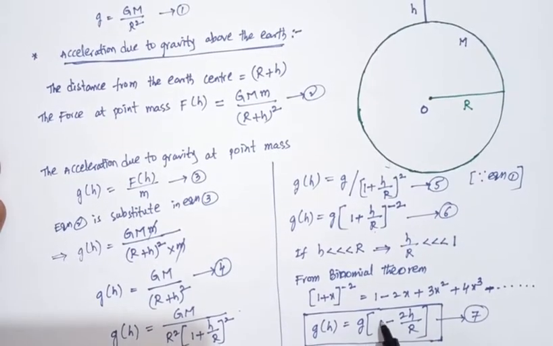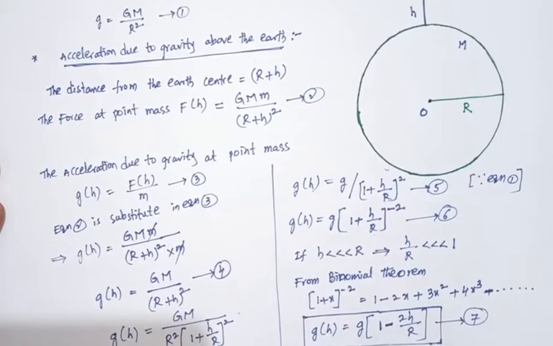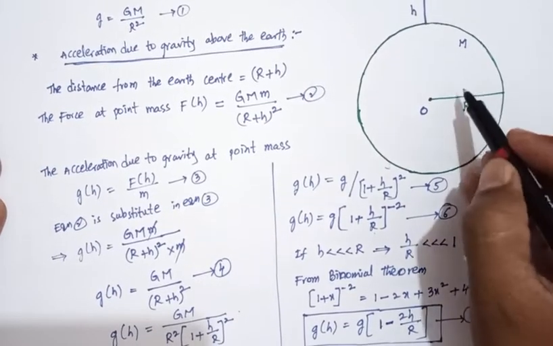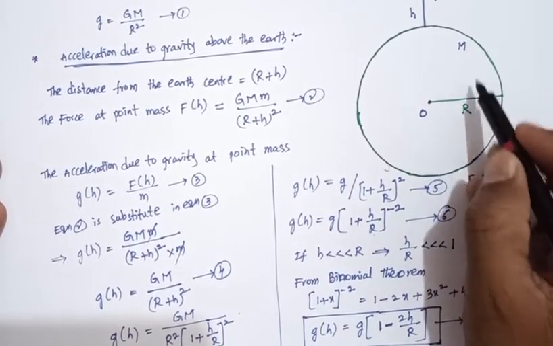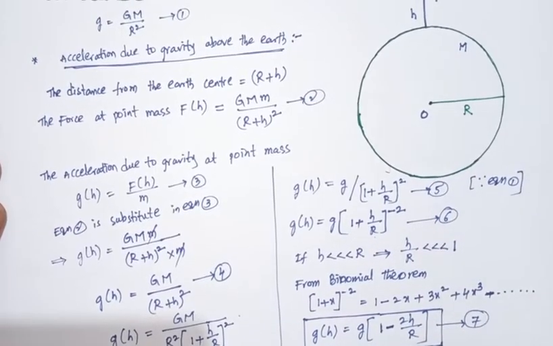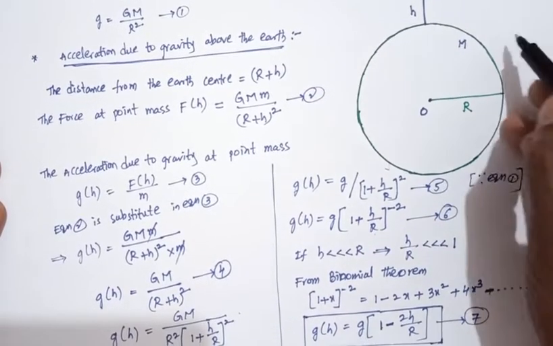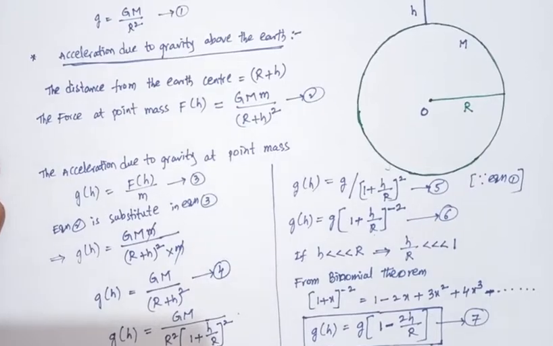Here the radius of the earth is constant, and the acceleration due to gravity on earth is also constant.